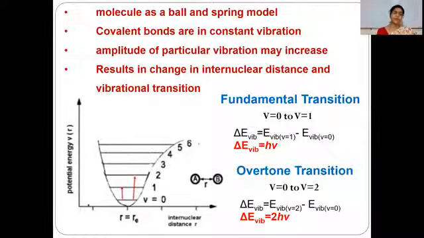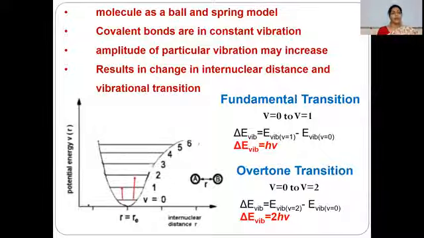The transition between V0 to V1, when the molecule is excited from V0 state to V1 state, this type of transition is known as fundamental transition, and the band obtained in the IR spectrum because of this transition is known as fundamental band.